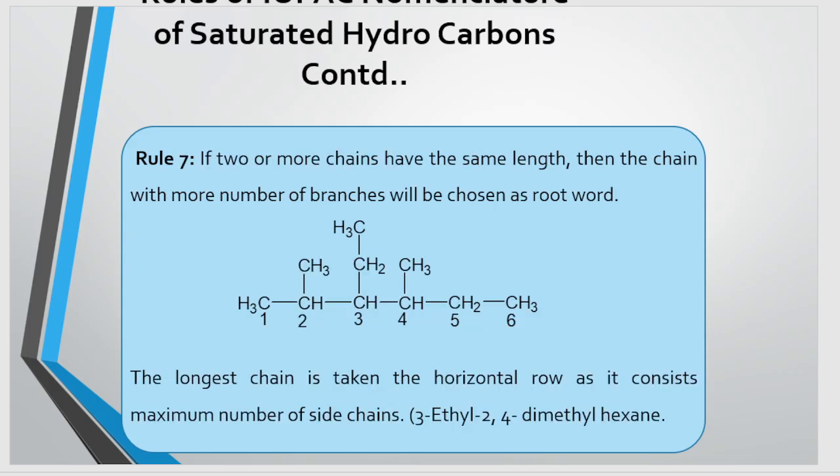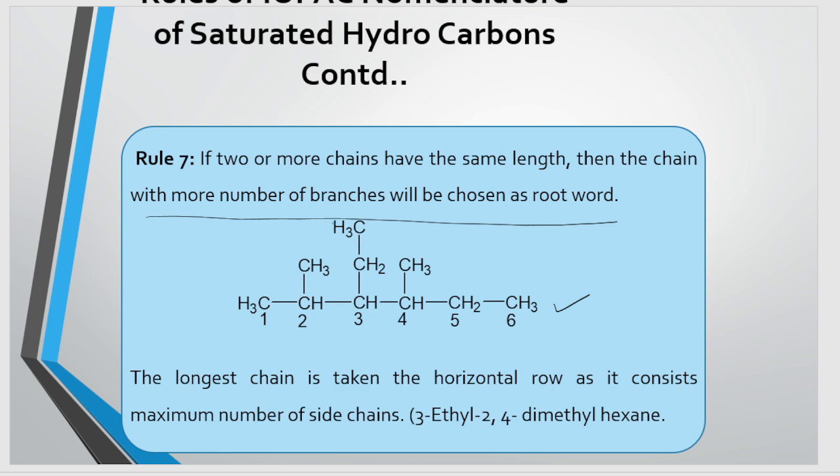Now let us see rule 7. If two or more carbon chains have the same length, then the chain with more number of branches will be chosen as the root word. Let me clearly explain. Suppose we consider this particular compound, this is the first option that we have to choose as the long chain, right?